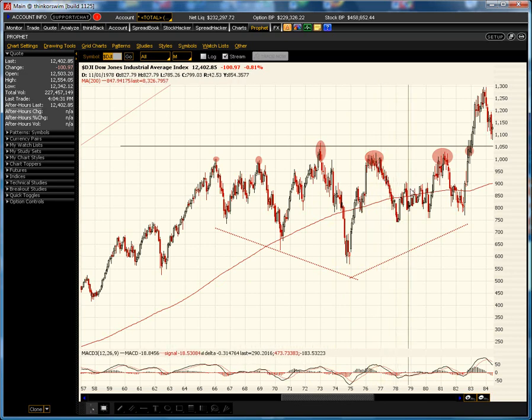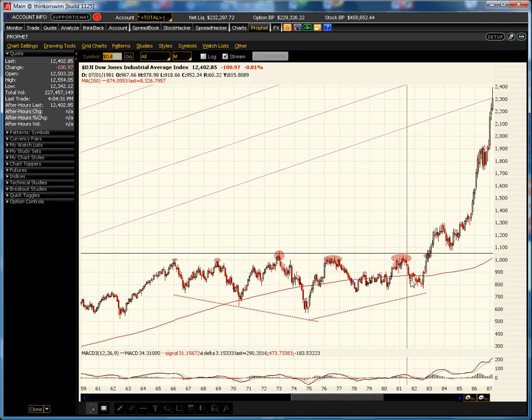When it came back down, it consolidated a little bit, came back up, spent another 4 or 5 months here, sold off again, but again, you've got higher lows. Higher lows was an indication that the next time this tries to get through 1,000, it would just simply break right through. And it did.